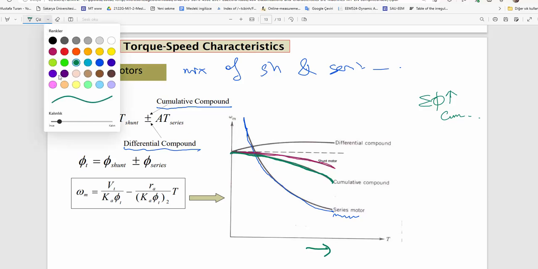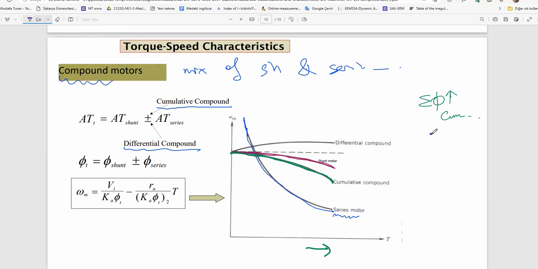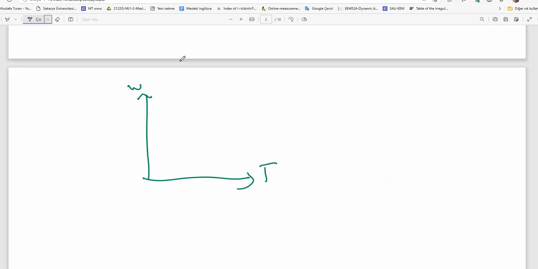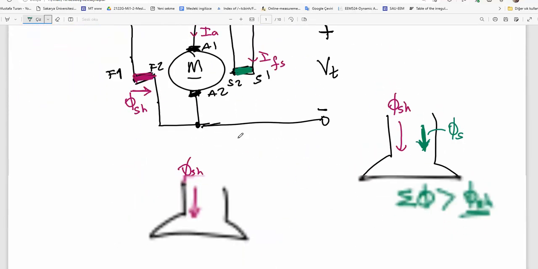If this result is differential, in such a case total flux will decrease and speed will increase. That is differential compound. The mixture of the results wouldn't be known. It depends on the design, it depends on the manufacturing of the machine.